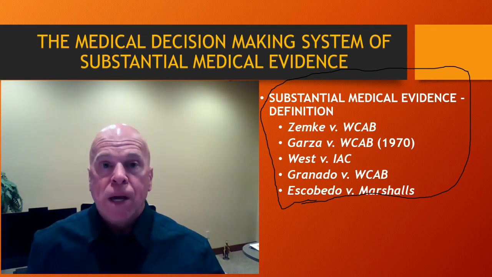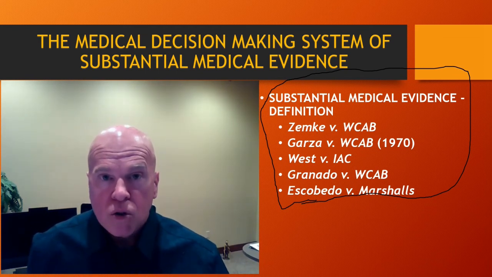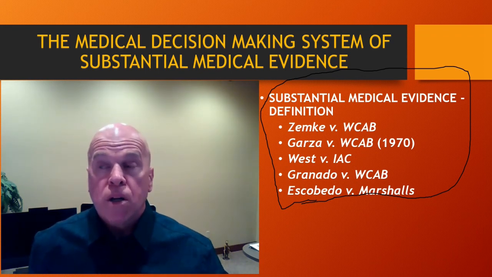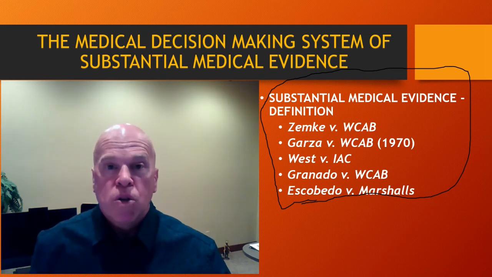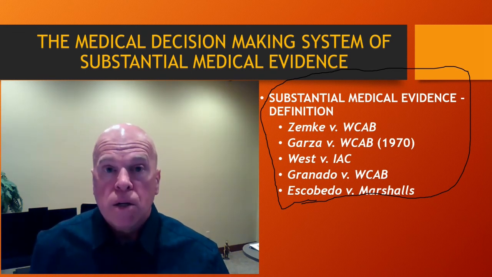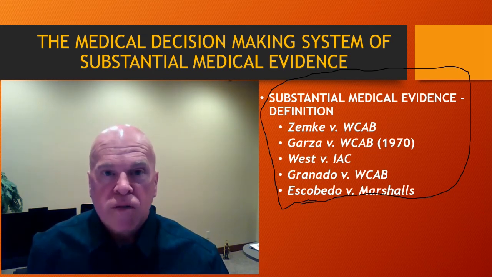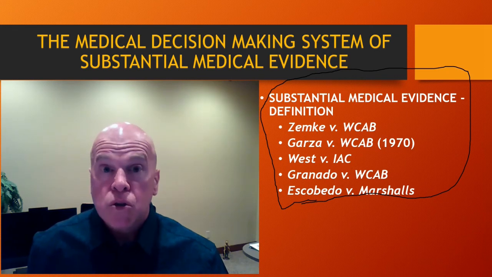This is not some penalty that's being imposed upon us just to make our lives difficult. The courts require that our opinions and conclusions qualify as substantial medical evidence such that the court can fulfill its directives in resolving cases based on substantial evidence. So let's go over each of these cases for the important principles that they illustrate.